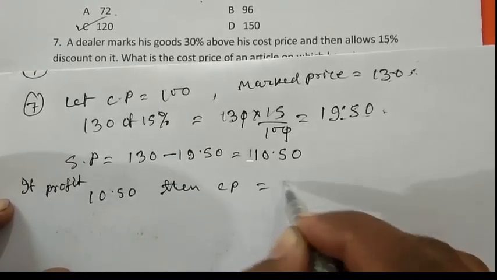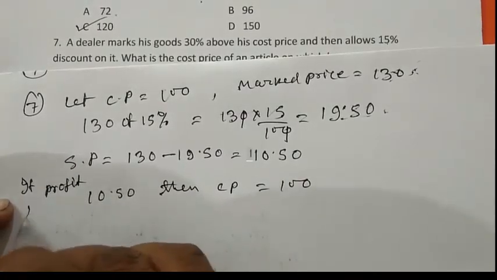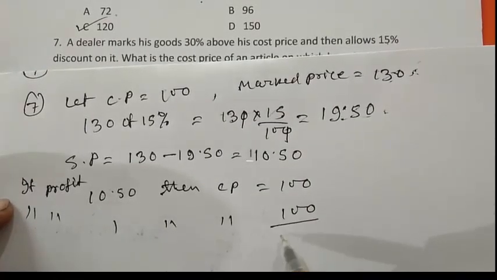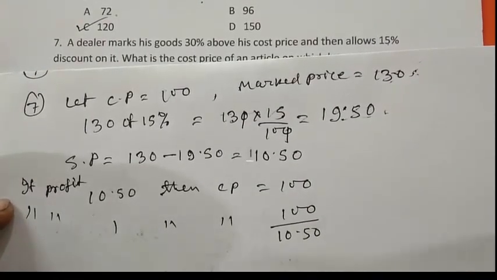If profit is 10.50, then CP is 100. If profit is 1, then CP is 100 by 10.50.